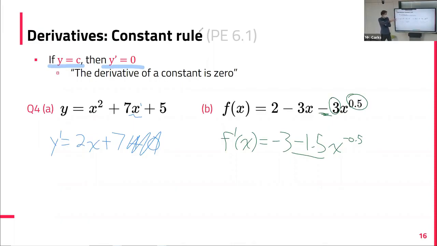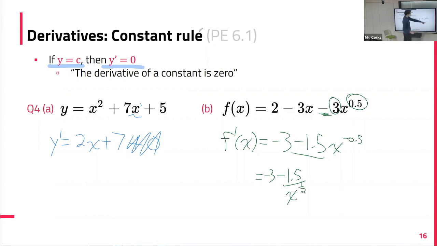So let's do some kind of rewriting or some simplification here just to see if we remember our exponent rules. So negative 3 minus 1.5. Let's convert over. Okay, so let's do 2 steps here.